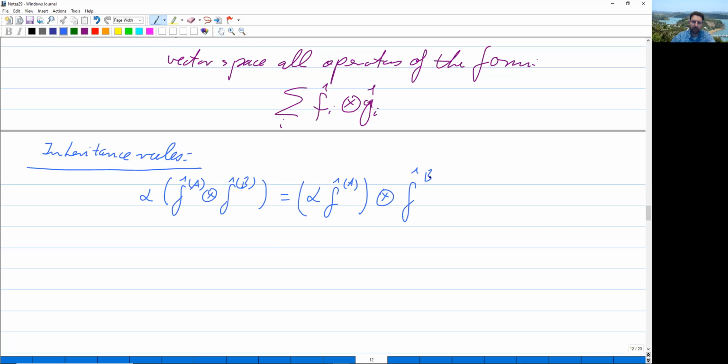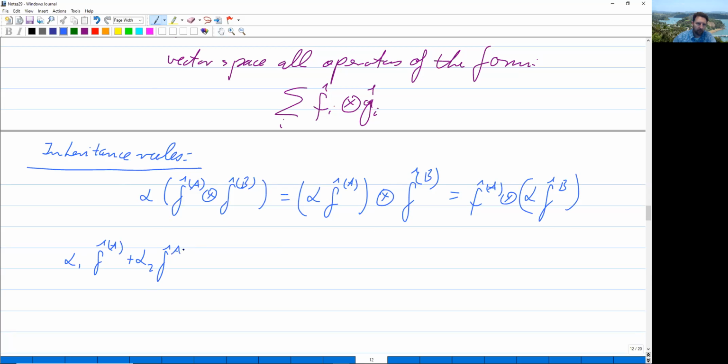And this is the same as if we put the alpha on the second factor as well. So we have f hat A tensor alpha f hat B. And then we also have the additivity. We have that alpha 1 f hat a plus alpha 2 f hat, sorry, no.